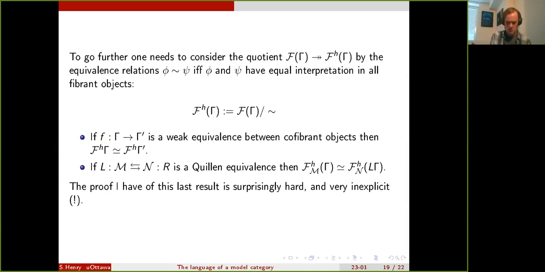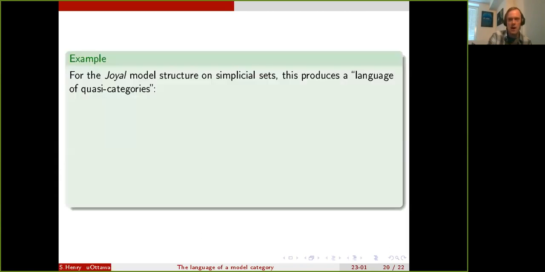So I think I'm almost out of time, so I will just mention one example other than the language of categories, and this is the Joyal model structure on simplicial sets. It's a model structure on the category of simplicial sets where the fibrant objects are the quasi-categories, or the infinity-one categories.